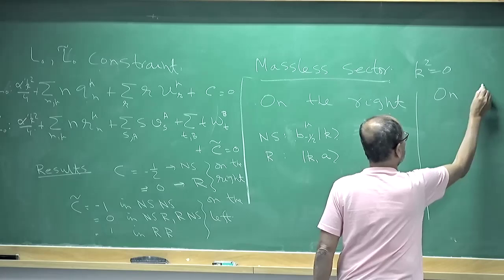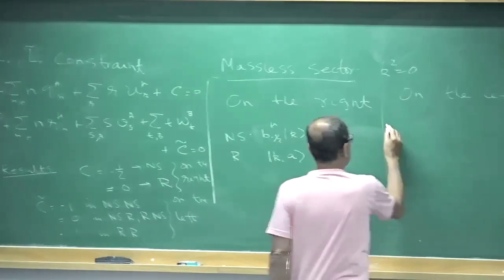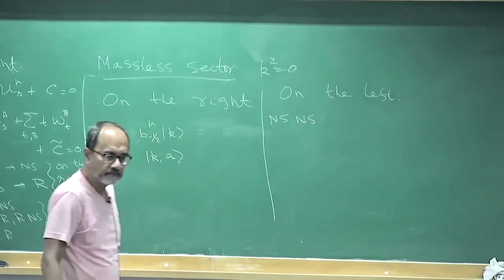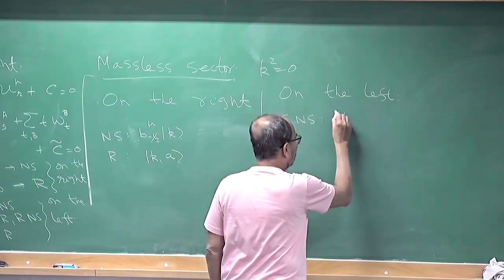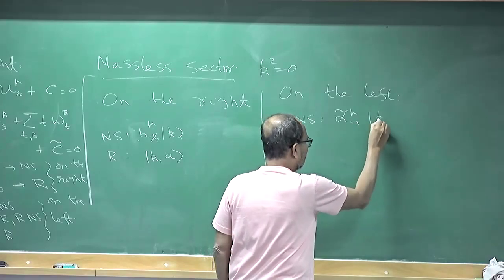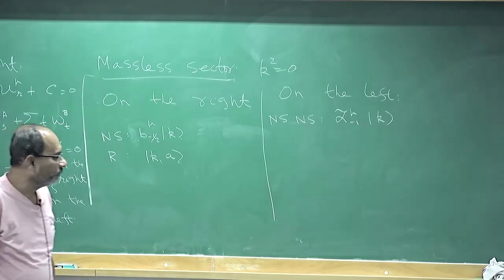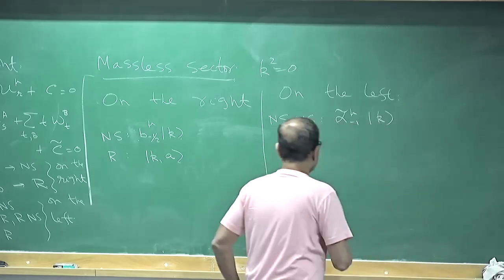On the left, NS. What states can we get? Alpha tilde mu at minus 1 acting on the ground state. So that gives me a state.